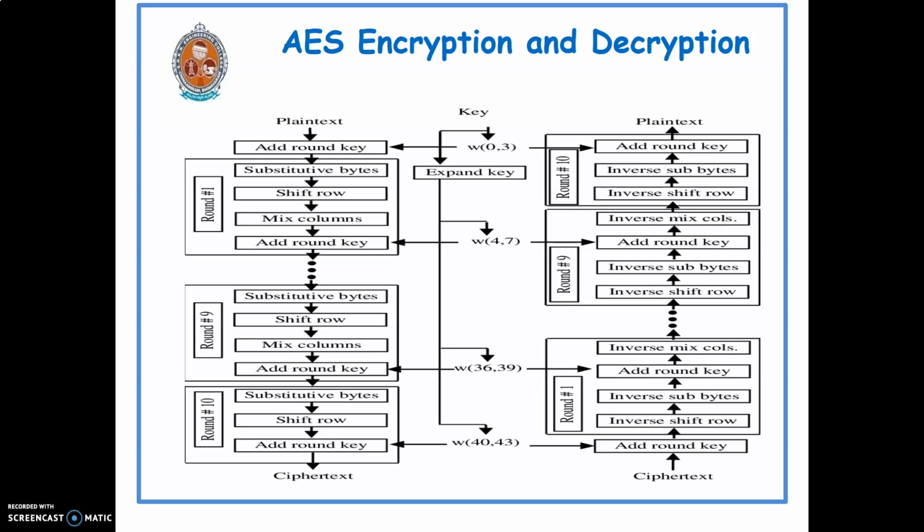Encryption process. Here, the plain text undergoes substitution bytes, shift rows, mix columns, and add round key for each round. Here there are 10 rounds of operations. The plain text size is 128-bit and the key size is also 128-bit.